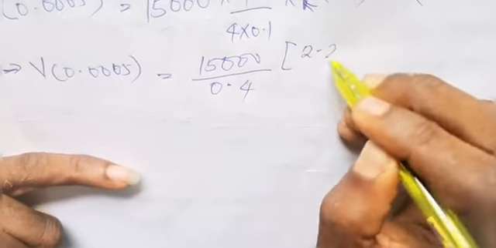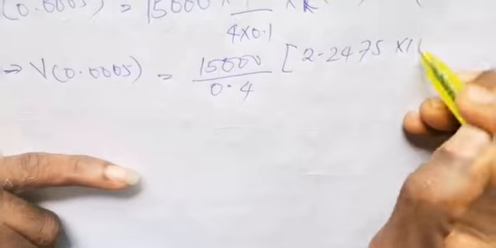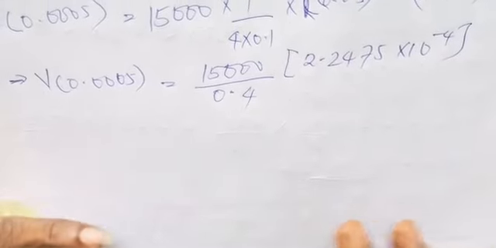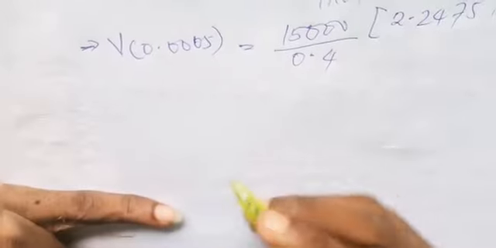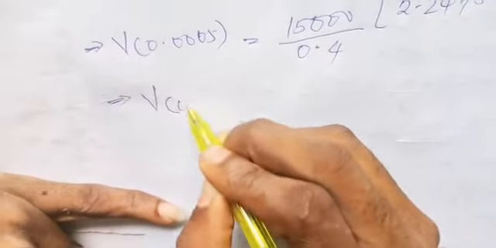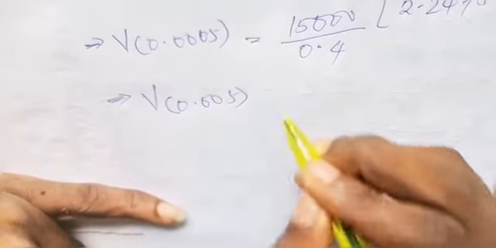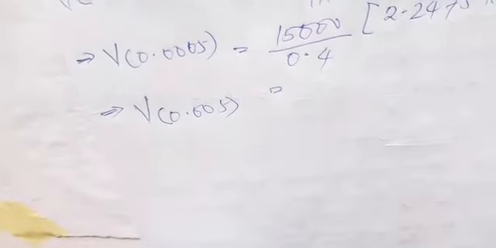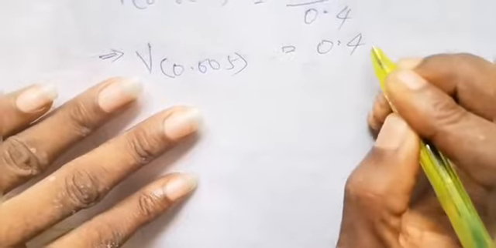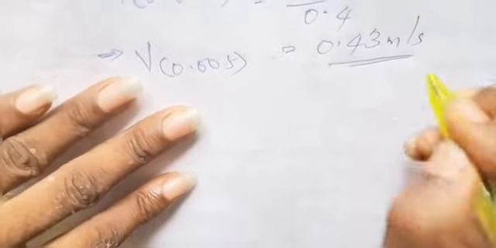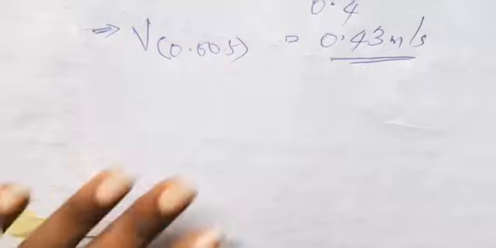Now I'm going to multiply through by 15,000 and then divide by 0.4. That gives us the velocity at that distance, 0.43 meters per second.